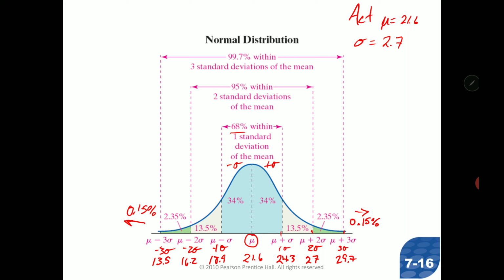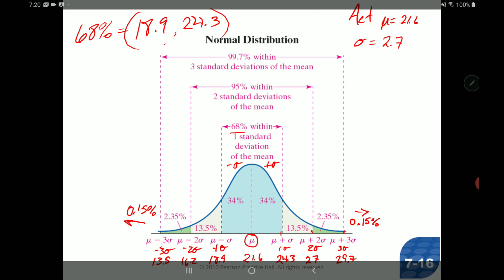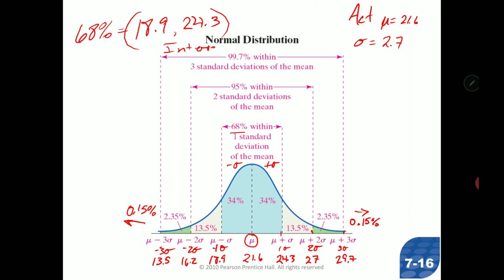So what this says is 68% of those who took this ACT scored between an 18.9 and a 24.3. So 68% of the people who took the test scored between these two, or this interval. 95% of the people who took the test scored between a 16.2 and a 27.